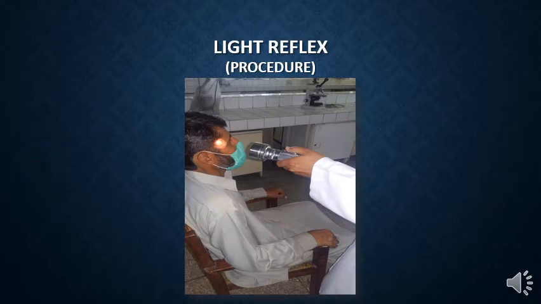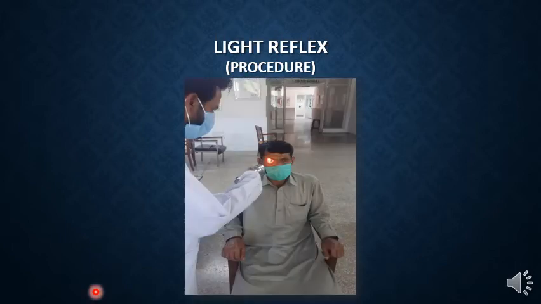Now, as it is shown in the picture, the test eye, in this case, is the right eye of the subject. The light source is being brought from behind the test eye, and ultimately the light is projected on the test eye, and the examiner is focusing on both eyes.